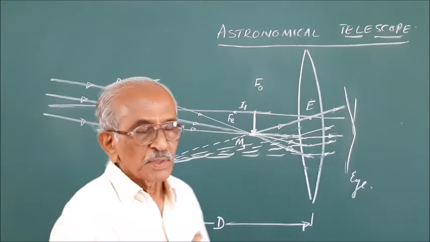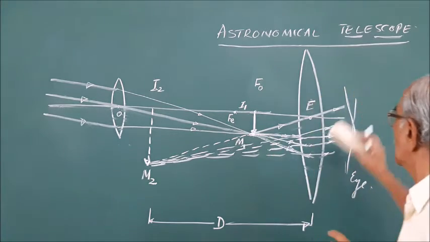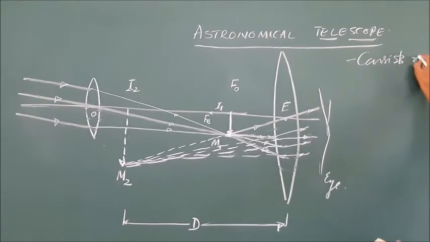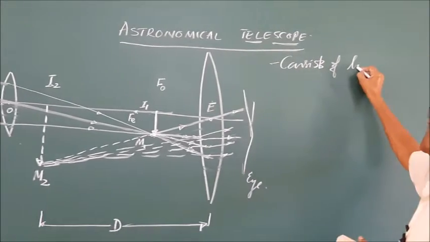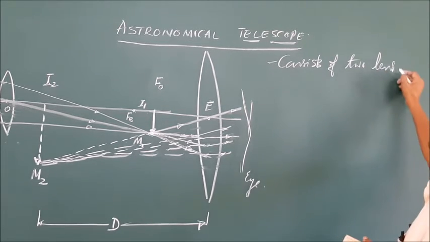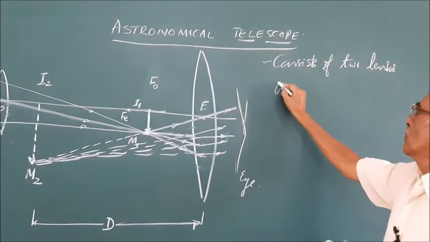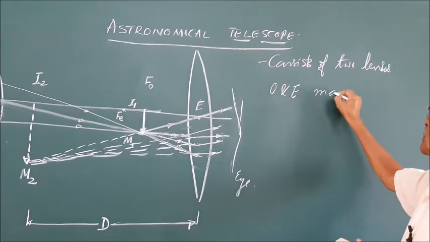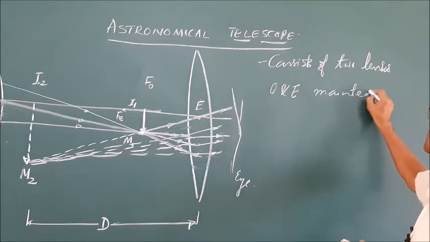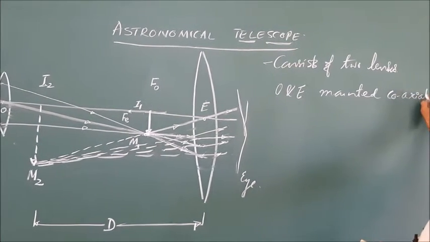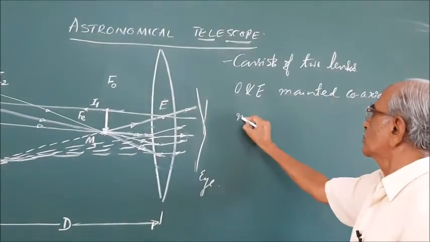So here, the astronomical telescope consists of two lenses, O and E, mounted coaxially in a tube.